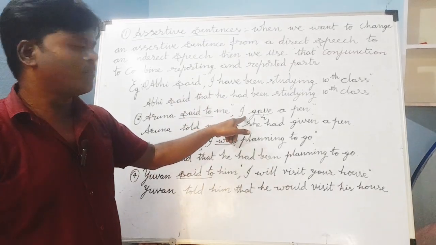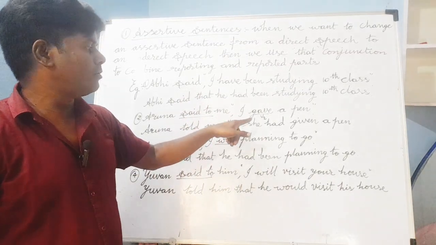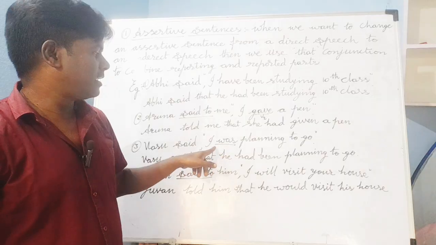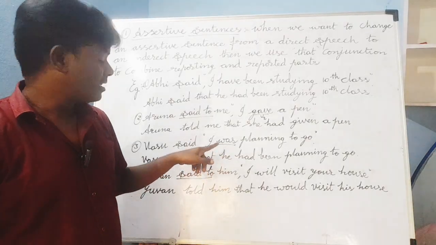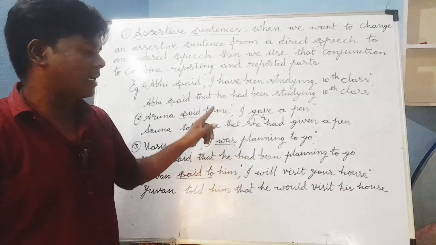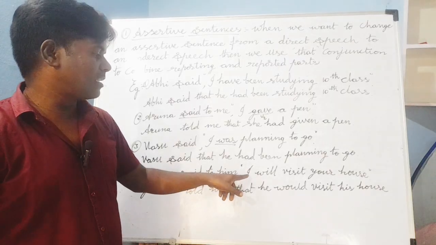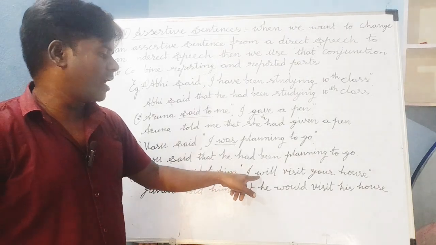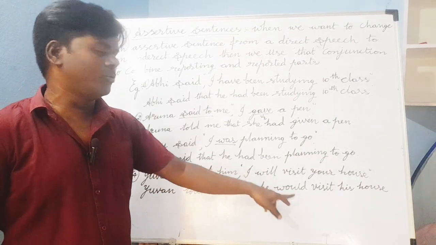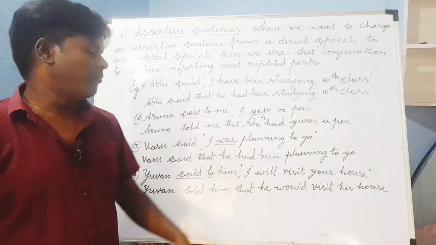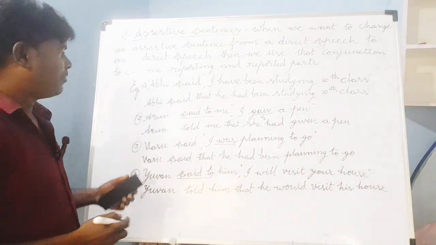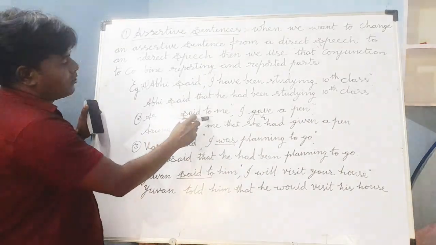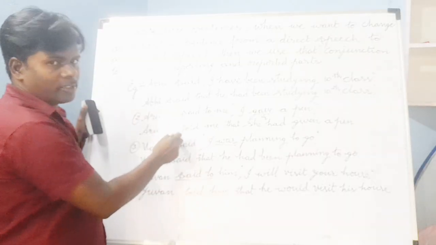This is in simple past tense changed into past perfect tense. This is in past continuous tense changed into past perfect continuous tense. This is in simple past tense, but here we have to just change will into would. Will into would. Remember that. And remember every time said to, when you find said to, that changed into told.